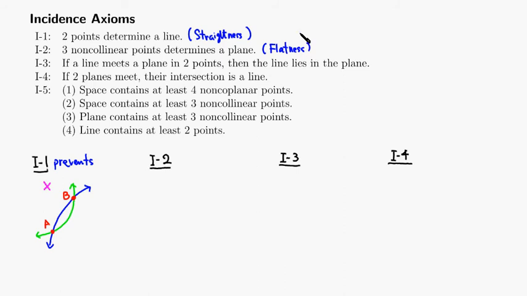So if you have 3 points, say A, B, and C, then one plane contains all 3 points. I2 prevents another, different plane from having the same 3 points A, B, and C.